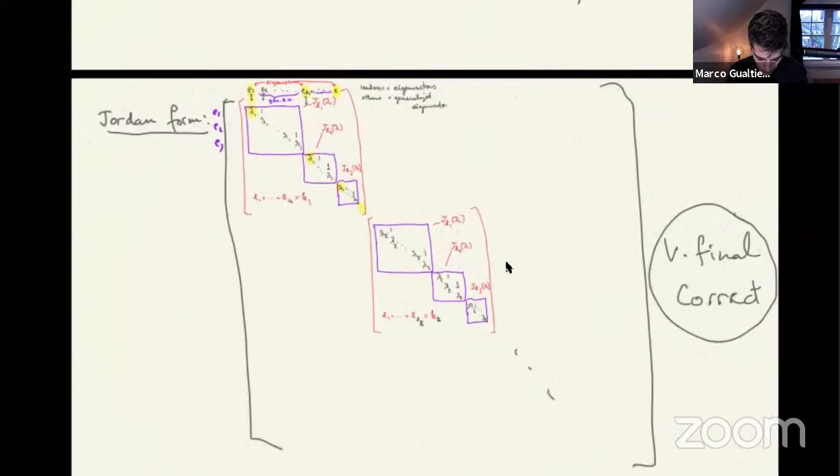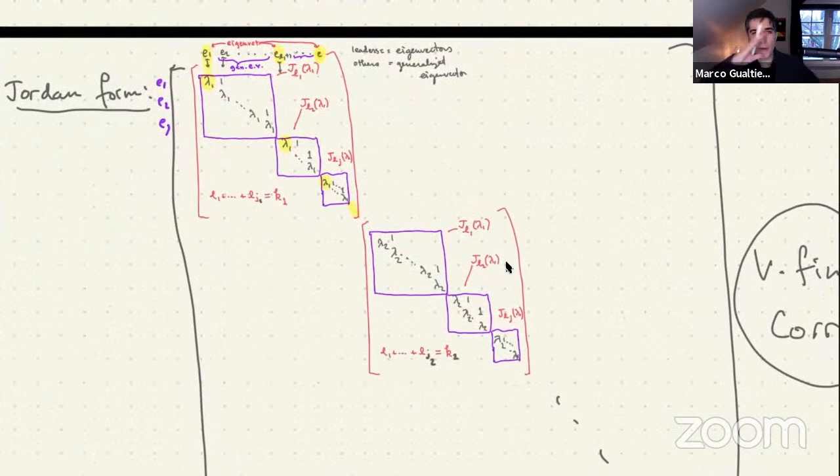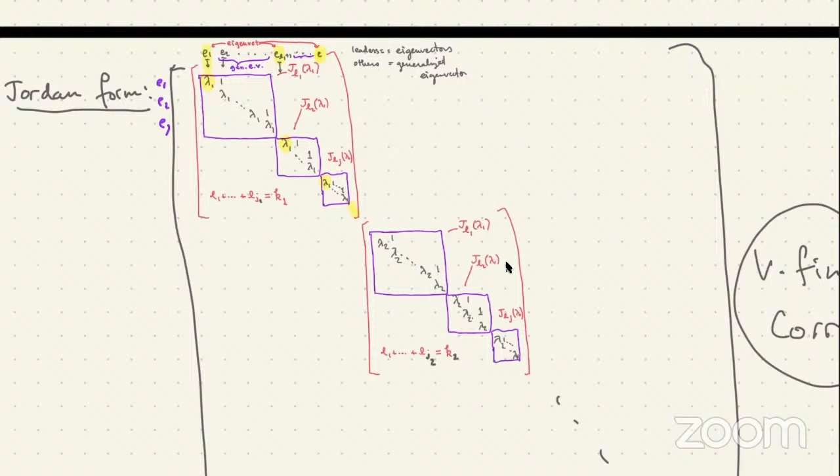All of this is using the convention where the ones are above the diagonal, and the algorithm that I gave was carefully constructed so that it would give you the one with the ones beneath the diagonal. But that's just a question of ordering the basis. So don't worry about that. I should have just said in the beginning that the Jordan form is with ones below. Okay.